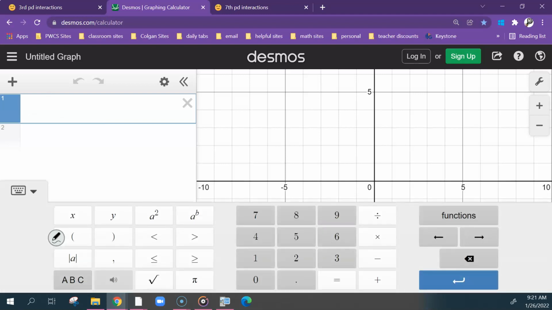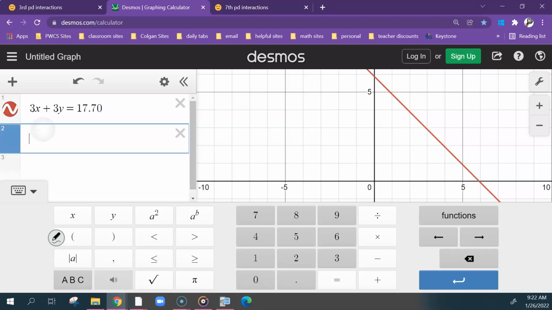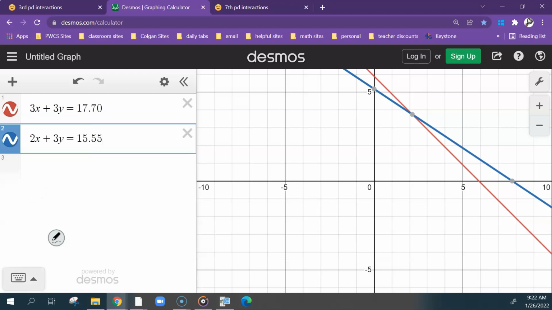I already forgot what they were. 3x plus 3y equals 1770, is that right? And then, what was the second one? 2w plus 3f equals 1555. So put those two in, see where they intersect.